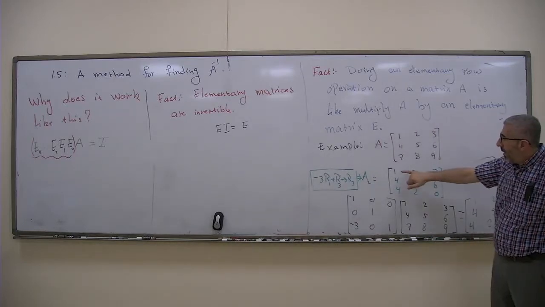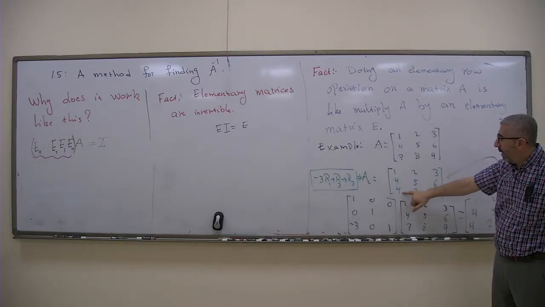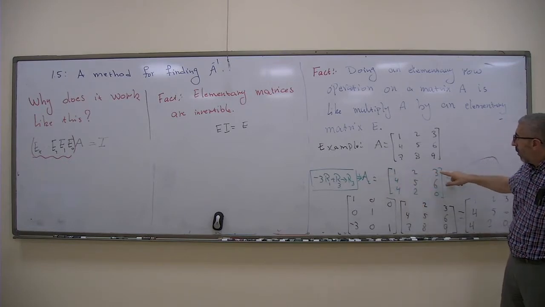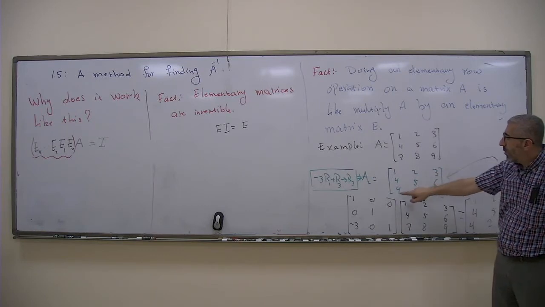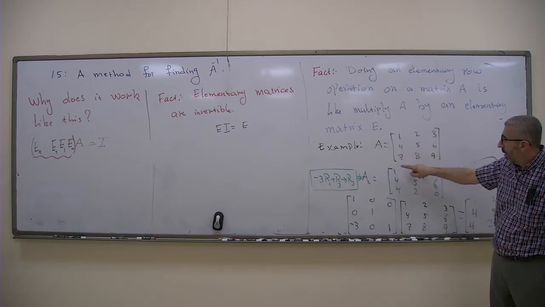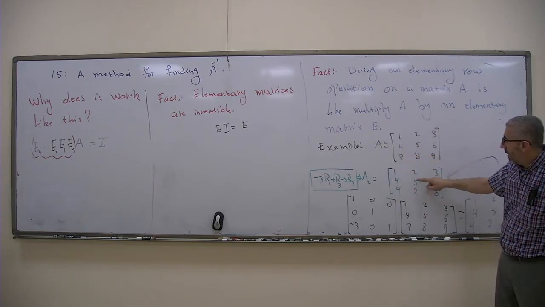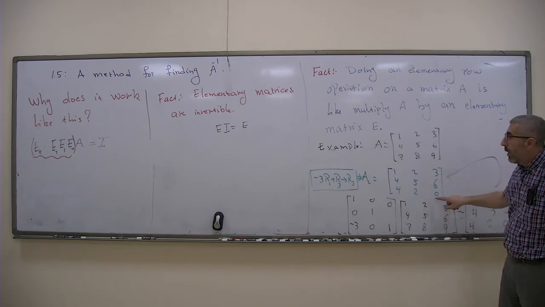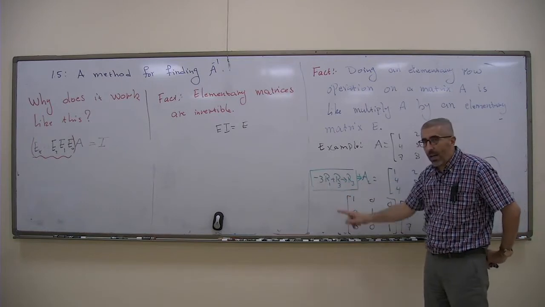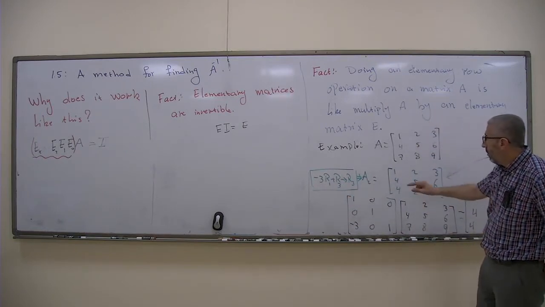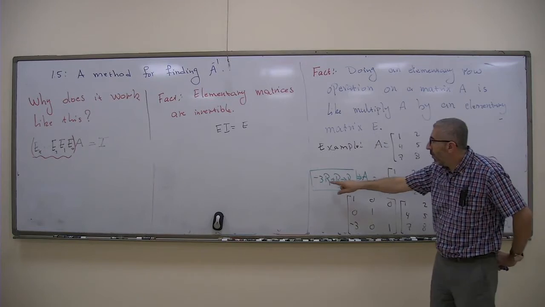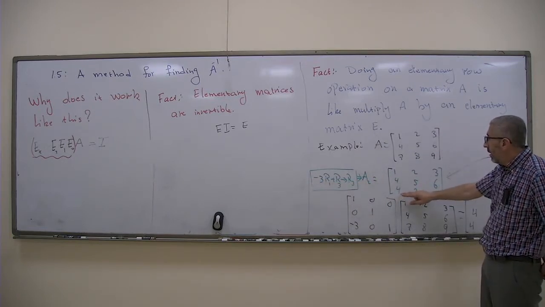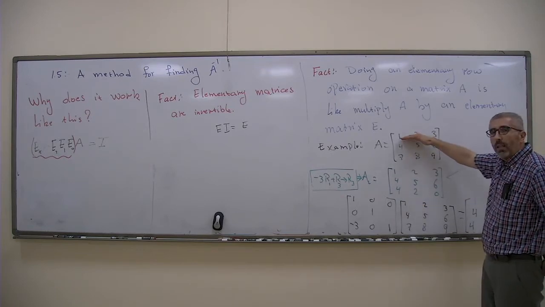If we multiply this by 3 and add it to this, look, 3 times row 1 added to row 3, this becomes 7, this becomes 6 plus 2, 8, this becomes 9. Correct? So if you want to reverse this step, what you need here is to multiply row 1 by 3 rather than -3 and add it to row 3. In that case, you go back to A.